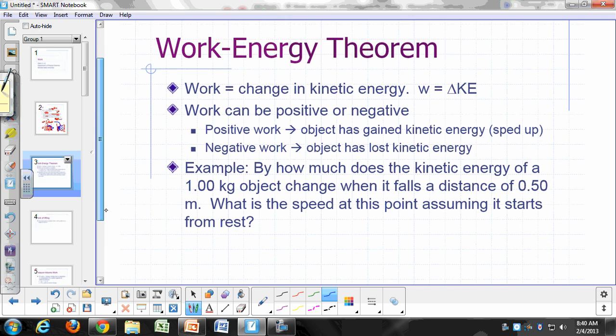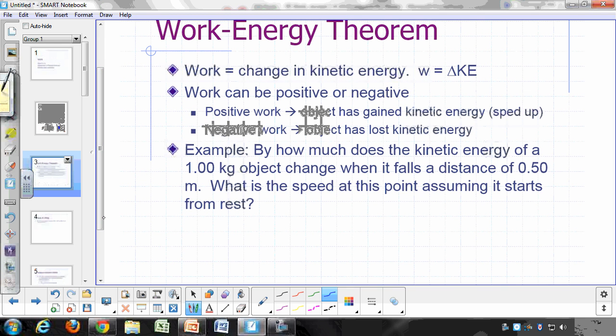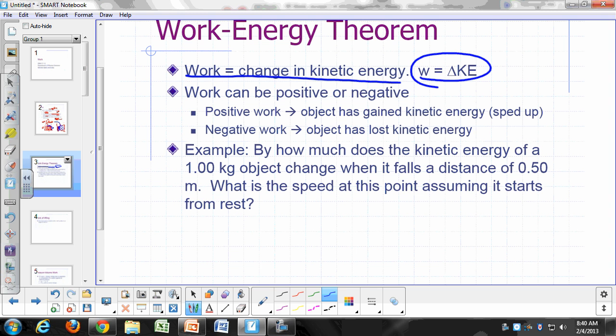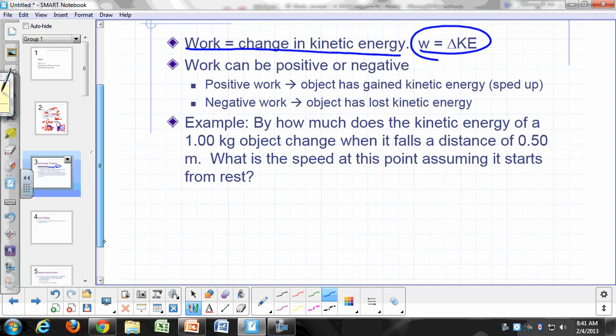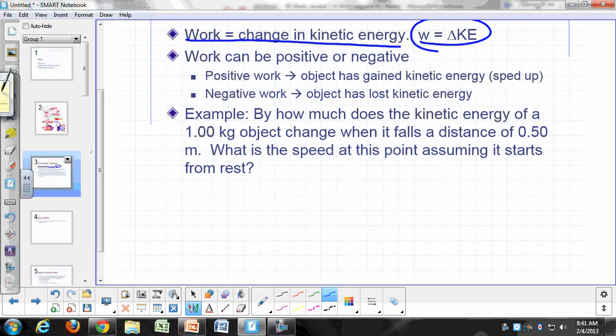Work-energy theorem. As we said earlier, if you do work on an object, you change its energy. The work-energy theorem says the amount of work will just be equal to the change in kinetic energy. And you can derive that. If you remember, force equals mass times acceleration, right?